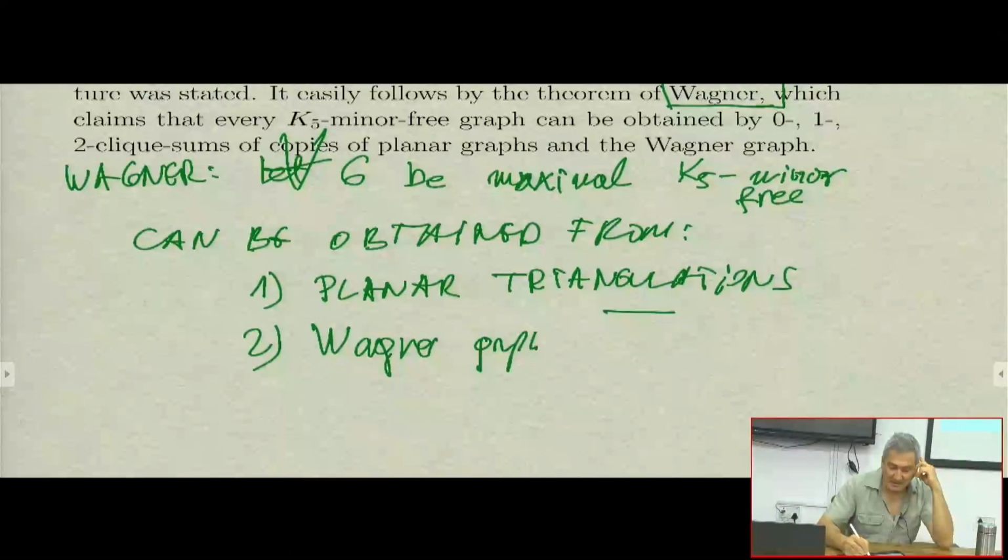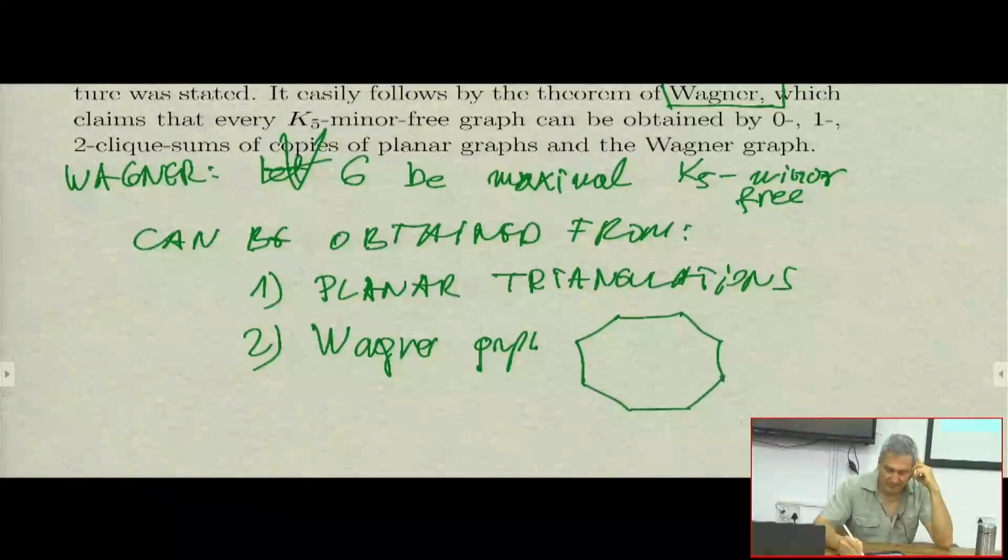This is this graph. No, it needs to have 8 vertices. This is the Wagner graph. Do you recognize this graph?